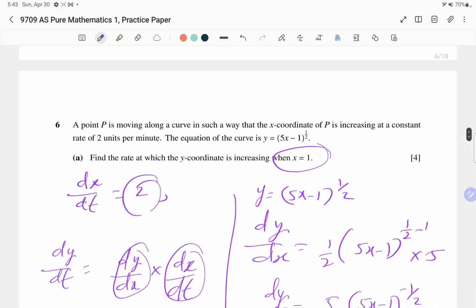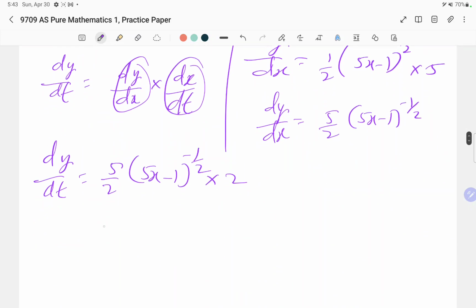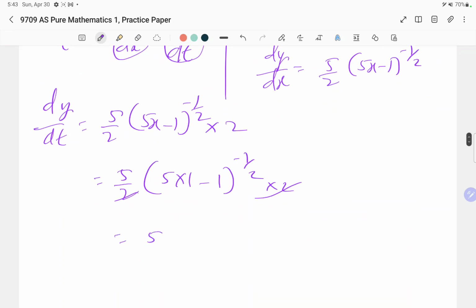We have to use x equals 1 because we need to find the rate of change of y when x is 1. So 5 over 2, 5 times 1 minus 1 to the power minus half, times 2. The 2 and 2 you can cancel. Now 5 times 1 minus 1, that's 4. 4 to the power minus half, which is 1 over 2, so the answer is 5 over 2.